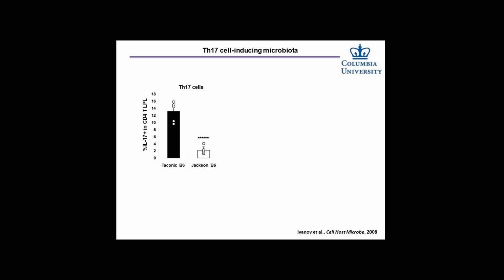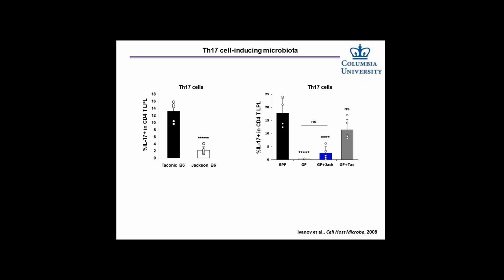And we could show that this is indeed not due to a genetic drift or a genetic difference between the two types of mice by performing this particular experiment and a number of other experiments, but this is the crucial experiment where we take feces from Jackson or Taconic mice and we transfer them into germ-free mice.